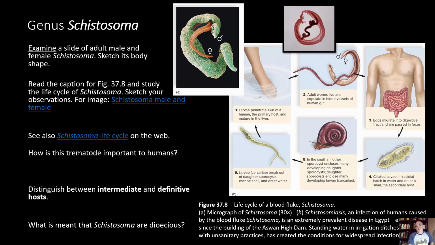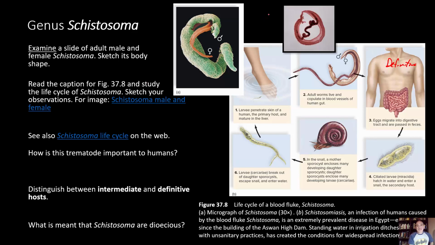When they're mature in the definitive host, say a human or other large mammal, and the male and female find each other, the female lays inside that groove and they stay together for the rest of their life. All they're doing is constantly making eggs and sperm, fertilizing the eggs and releasing the eggs. So tons and tons of eggs are produced for the same reason. It's hard to get into the right host overall.